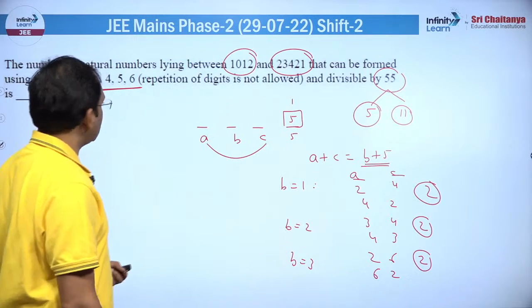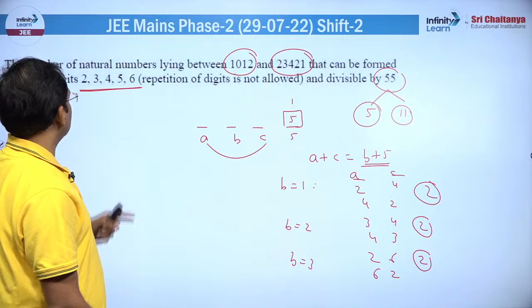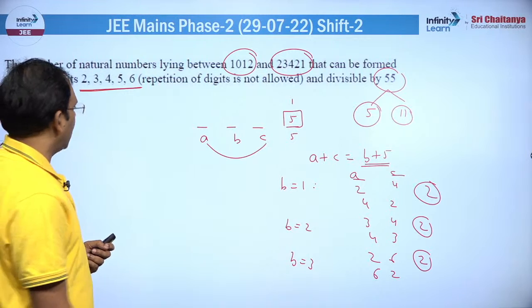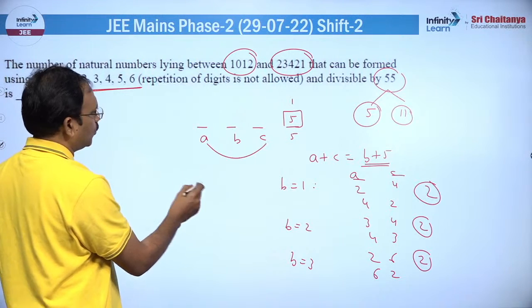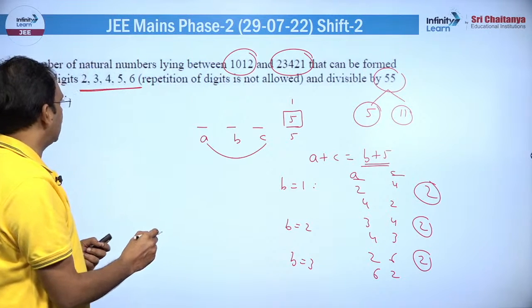If B is equal to 4, 4 plus 5 is 9, so A plus C must be 9, right.